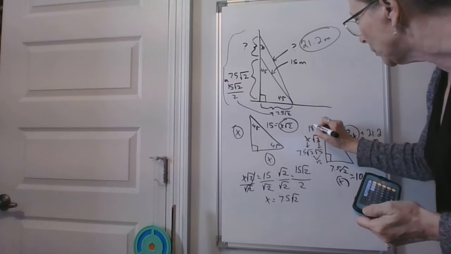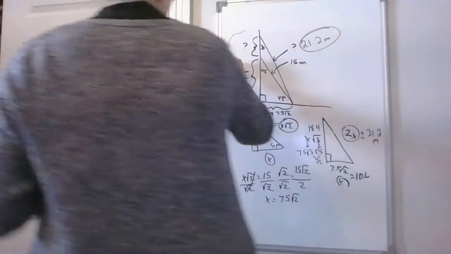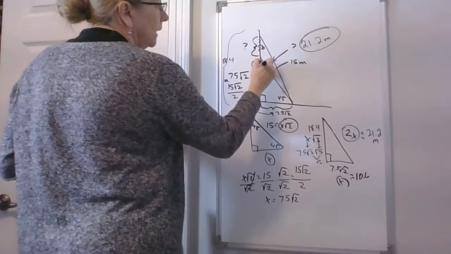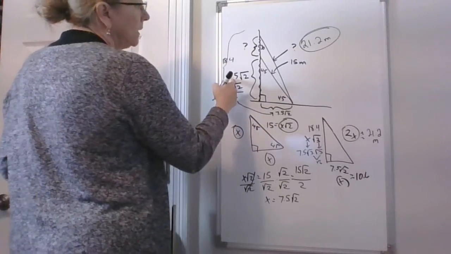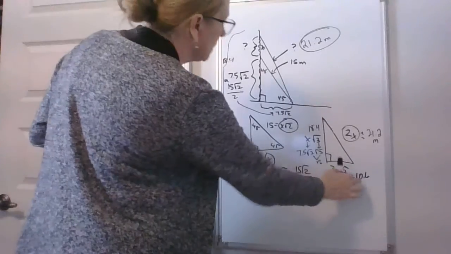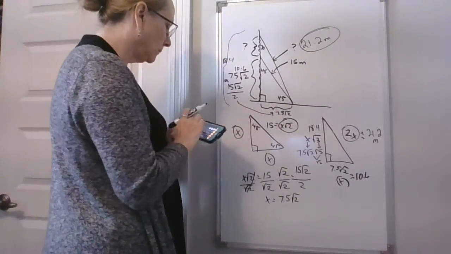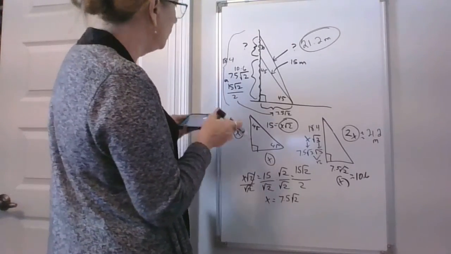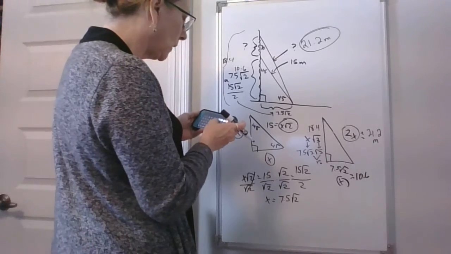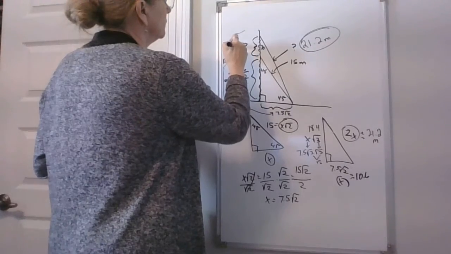There's my 18.4 number. And that number is going to be put right here, 18.4. That's this whole length going all the way down. Now my 7.5 root 2 number we said was 10.6. Okay, and we can subtract that. So we would get 18.4 minus 10.6, and we have 7.8 for that.